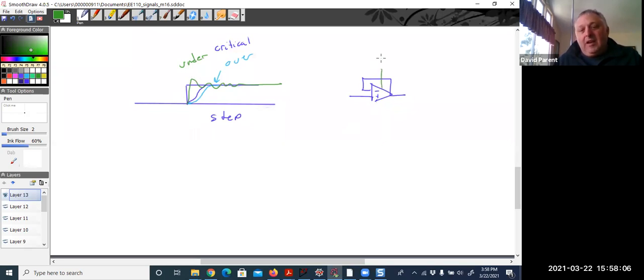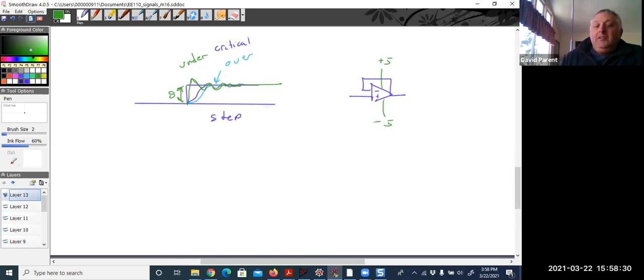And even if I have +5 and -5, right? If my step is 5 volts, my output can go above the power supply just because it stores enough energy to do that. It's turning into an oscillator, right?